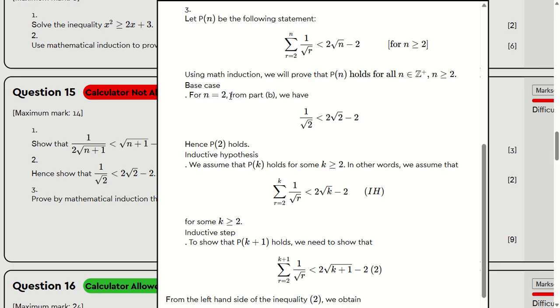N equals to 2, because here the value of r equals to 2. Okay, so the value of r is starting from 2. That's why we have to just start with 2.